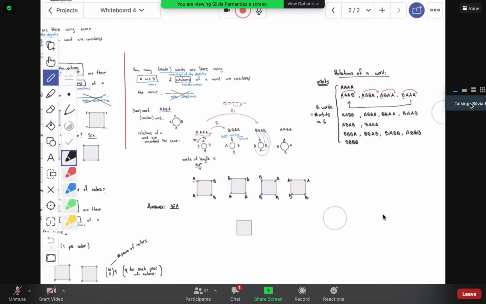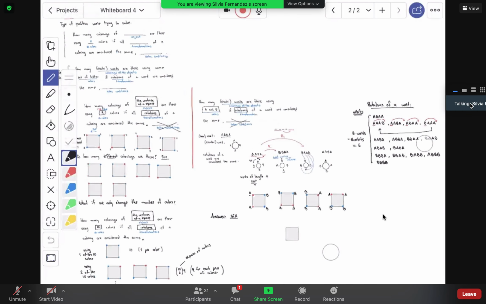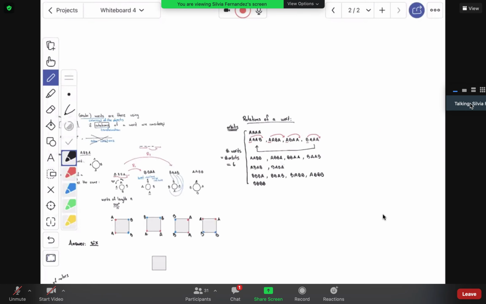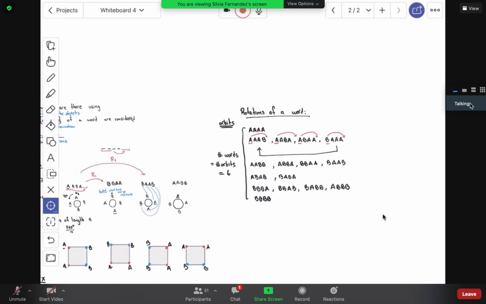Okay. So here's the thing. We want to find what is called the pattern that helps me figure out how many of these orbits I have. Let me tell you what I mean. If I want to have one of these orbits that only has a single element, meaning I start with the A, and I apply one of my rotations, and I get to the same thing, I apply another rotation, I get the same thing, this is a fixed element.